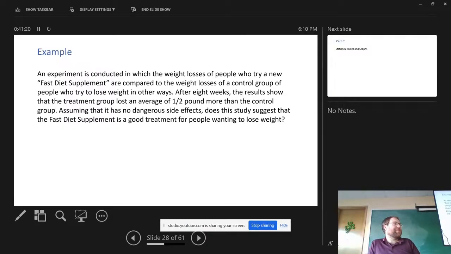So another way of thinking about this is, is an extra half a pound noticeable enough to say that it's a good way for people wanting to lose weight? Probably not.